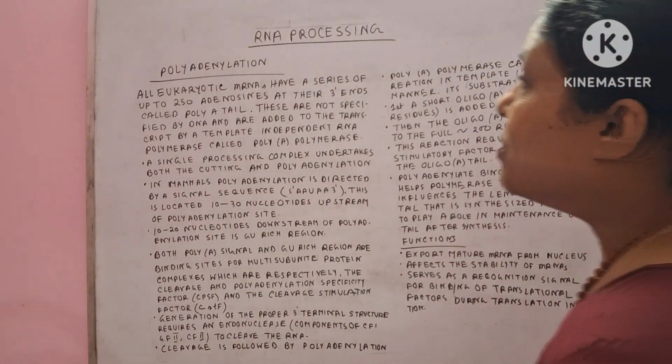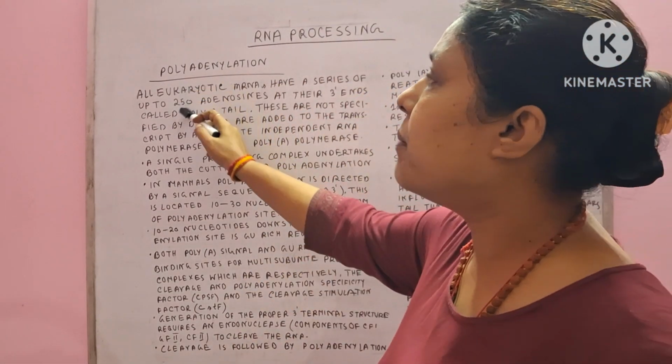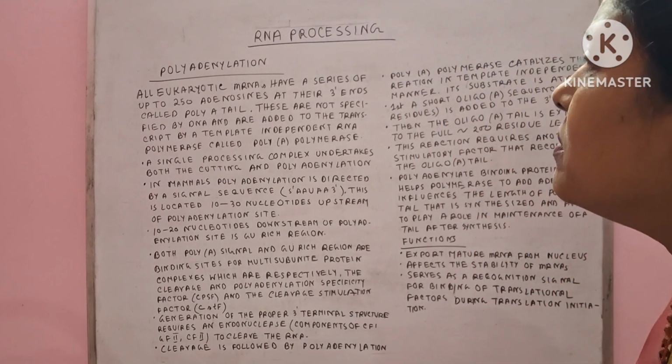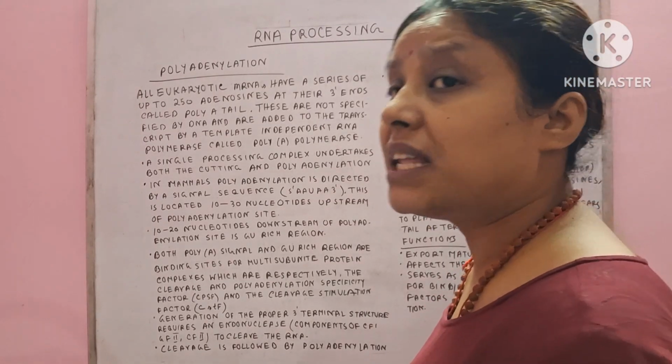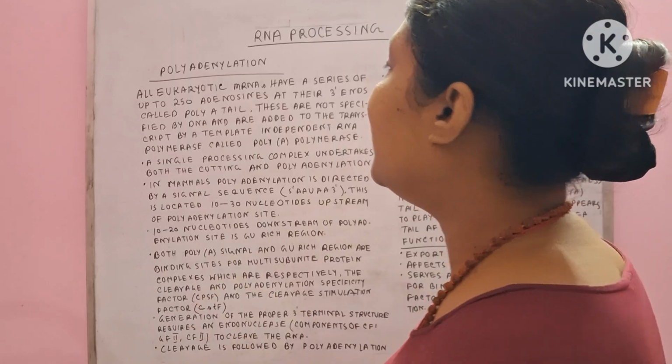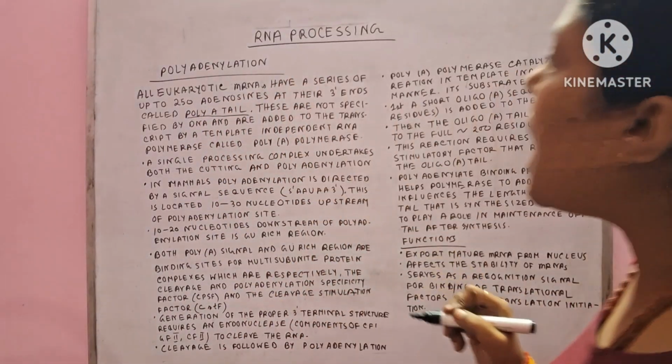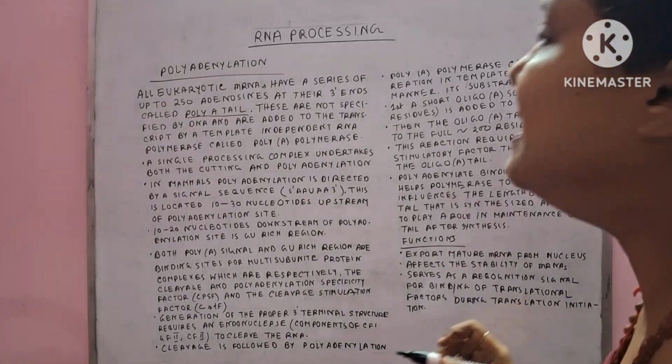So what is being said is that up to 250 adenosines are present at the 3' ends, and this is called the poly-A tail.